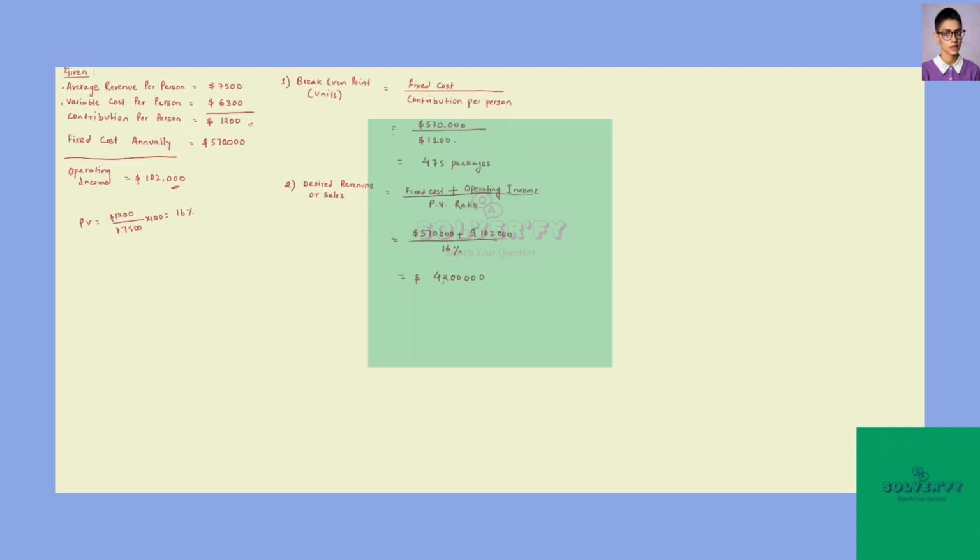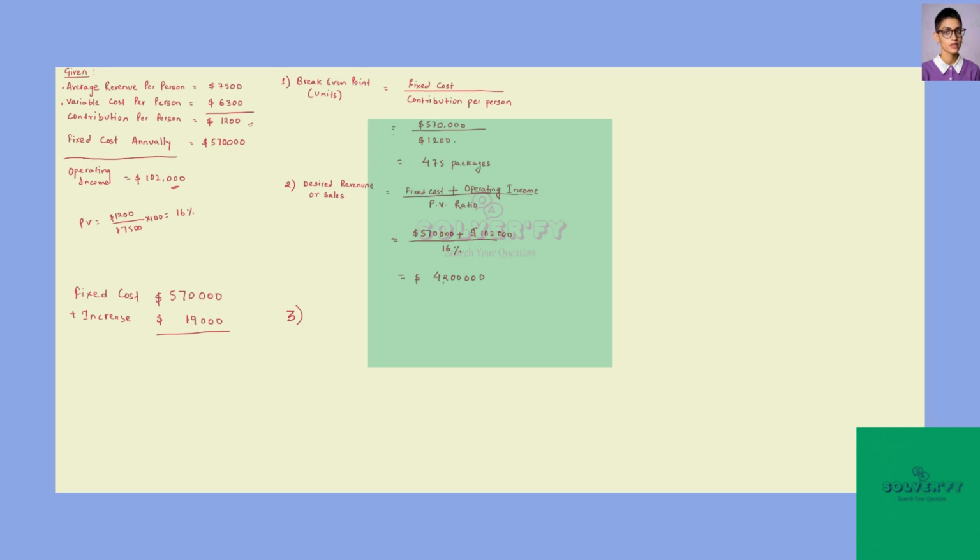And now for the third question, it is saying that if fixed costs are increased by $19,000, that is the fixed cost was $570,000, and if it is increased by $19,000, then what amount of decrease would be needed in variable cost to have the same break-even unit as before?